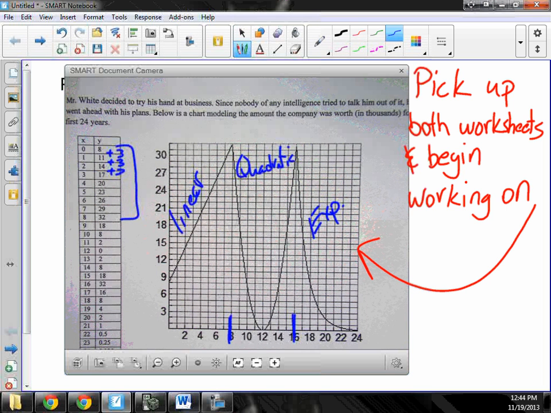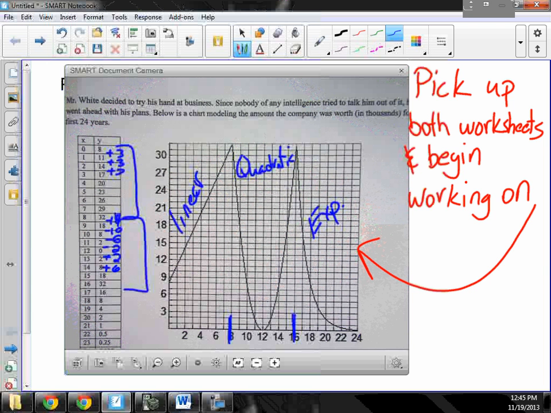And then from 8 to 16, it looks like a parabola, but looks are never enough when you're dealing with polynomials, except for linear. How do we test to see if it's a quadratic? Second difference. So if we calculate the first differences, we have negative 14, negative 10, negative 6, negative 2, positive 2, positive 6, positive 10, and positive 14.